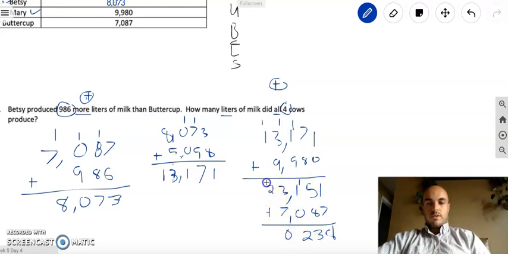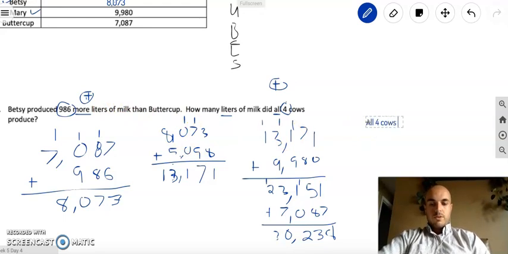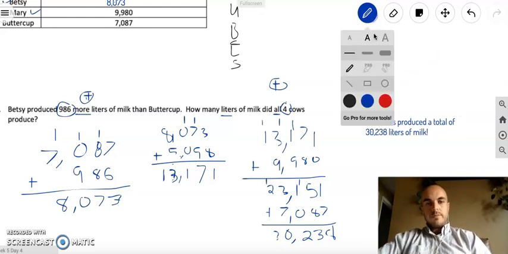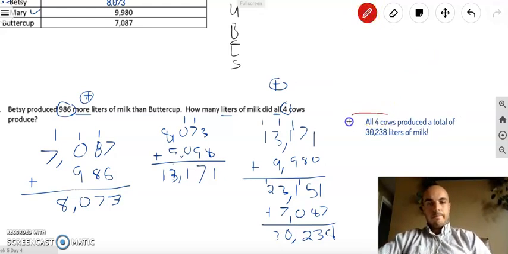Carry the 1. 1 plus 2 is 3. Okay, our total is 30,238. So I'm going to write that out. All 4 cows produced a total of 30,238 liters of milk. And let's circle that and run.